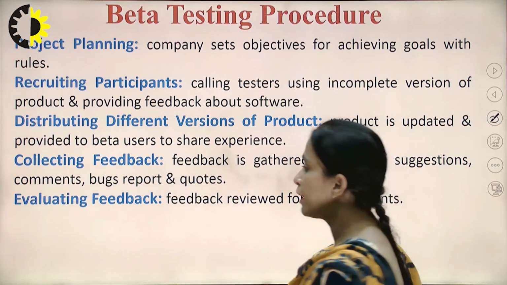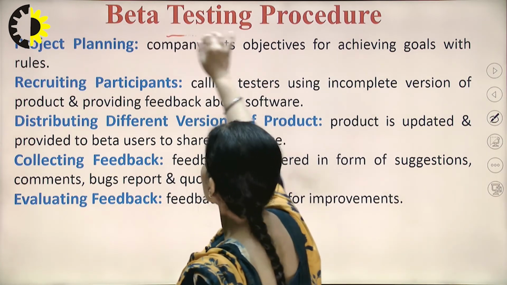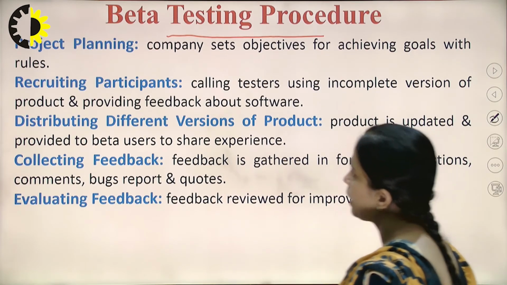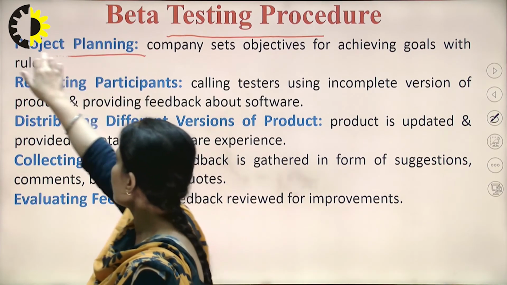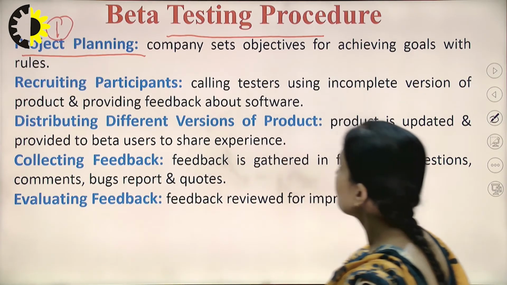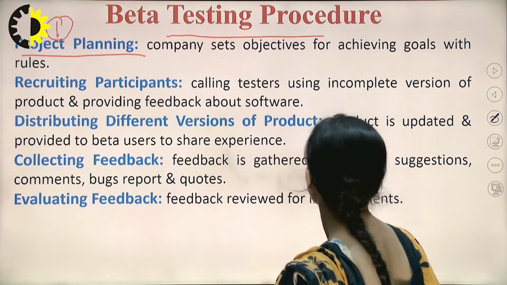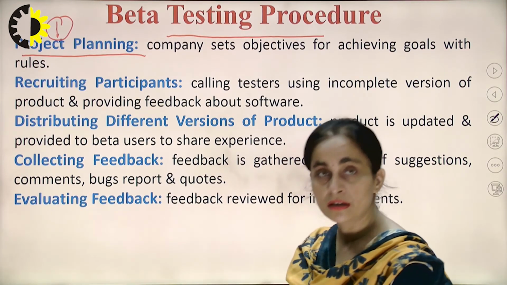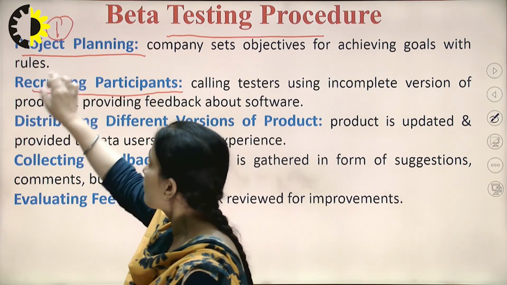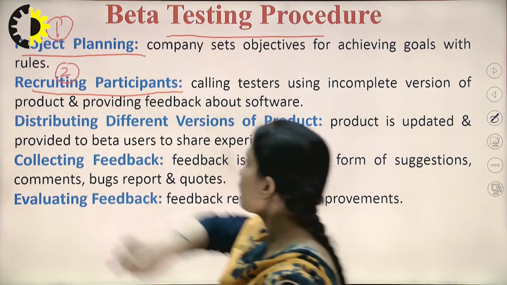Then moving on to the procedure for performing beta testing. This starts with project planning. The first phase is project planning, meaning the company sets the objectives for achieving the goals, along with the rules. Now the goals are finalized and the rules are finalized.